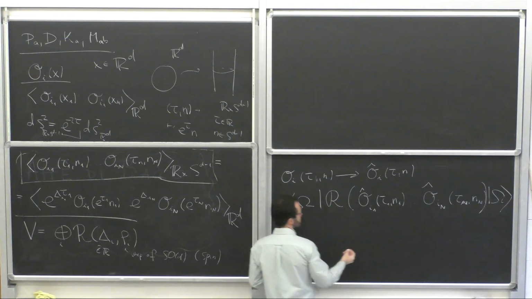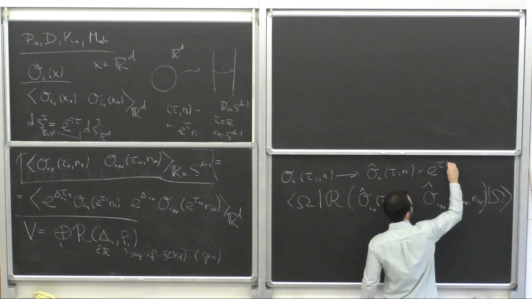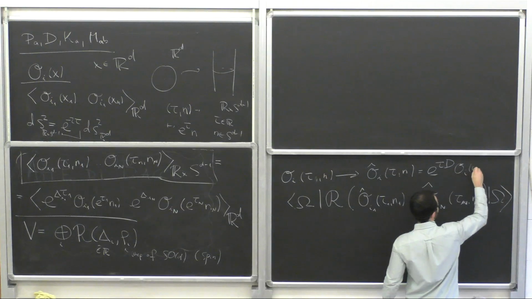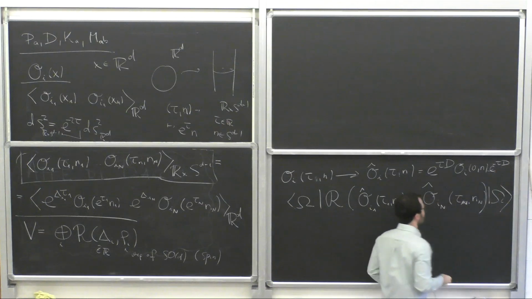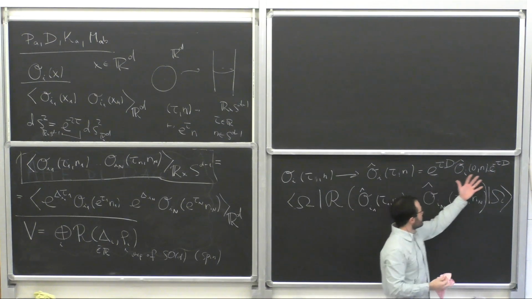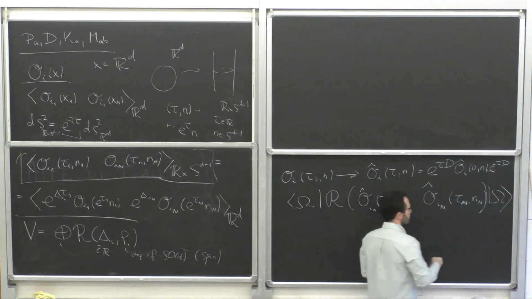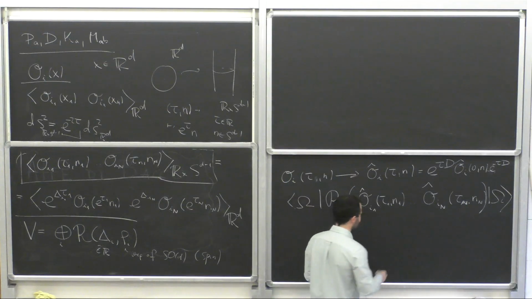The reason, of course, is that this object is the same as e to the minus tau D, O_i, and so on, and you're only ever allowed to multiply these things together if the later time comes after the earlier time, right?